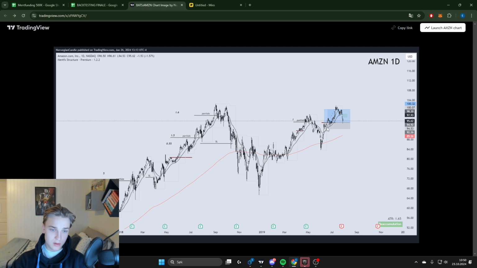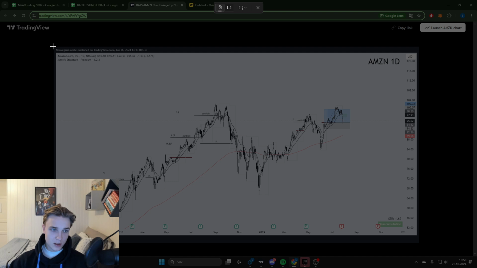I could just quickly say that this one is more momentum based, and this one also. I would not have taken these two trades today, but this one is valid for sure.